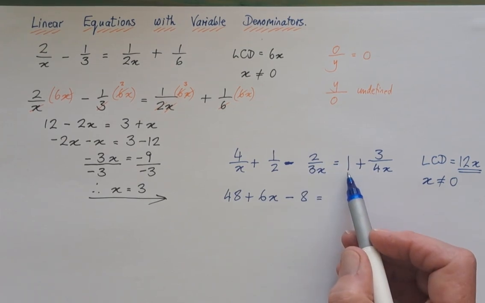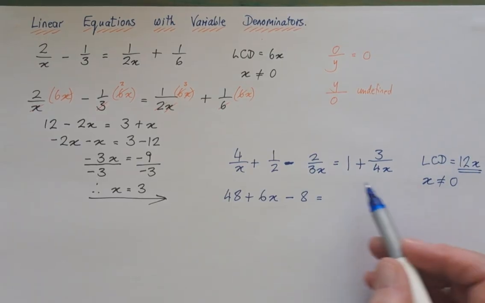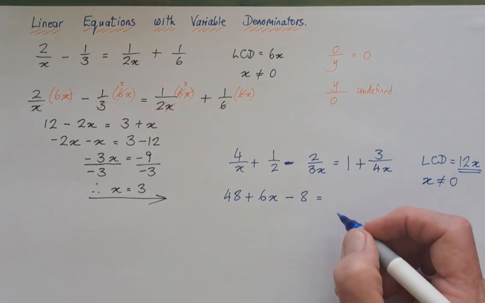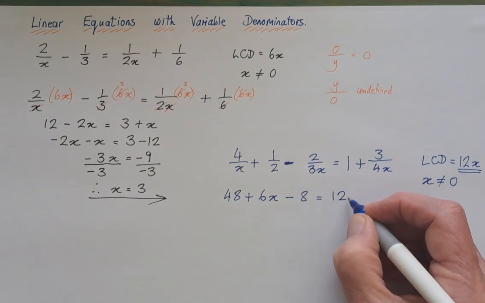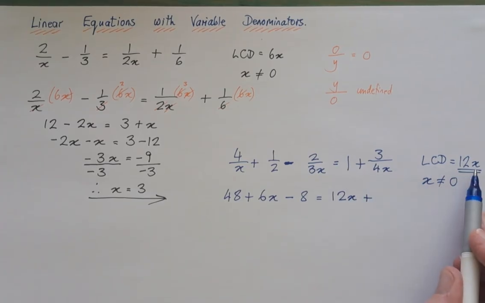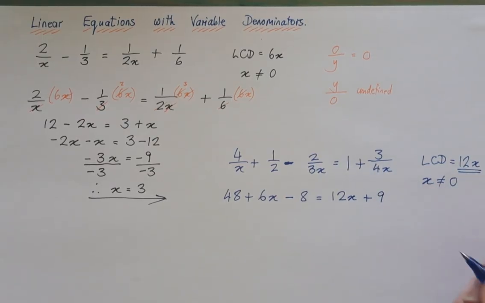Because this had no denominator at all, there's no way that this can cancel with anything in the denominator because it's not there. So we're left with that entire LCD being multiplied by 1. So that will be 12x. 4x divides into 12x 3 times. Multiply that by that. 3 times 3 is 9.